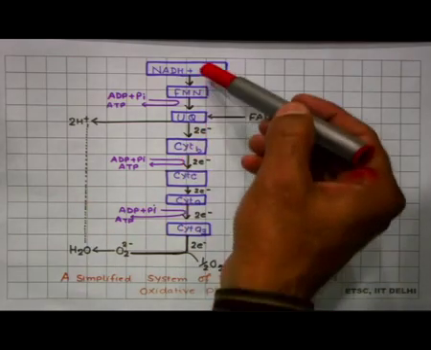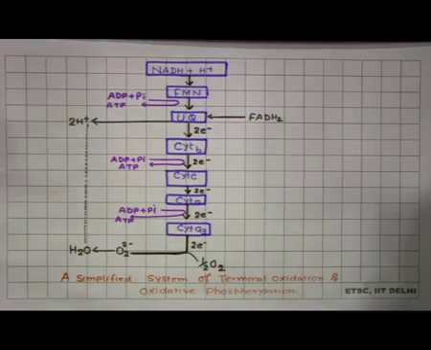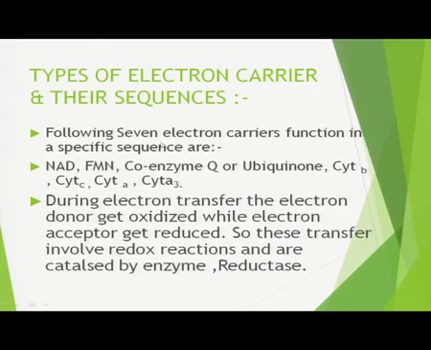So, these are 1, 2, 3, 4, 5, 6, 7. You can remember it: NAD, FMN, coenzyme Q, cytochrome B, cytochrome C, cytochrome A and cytochrome A3.